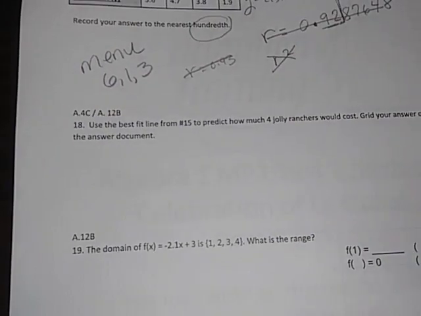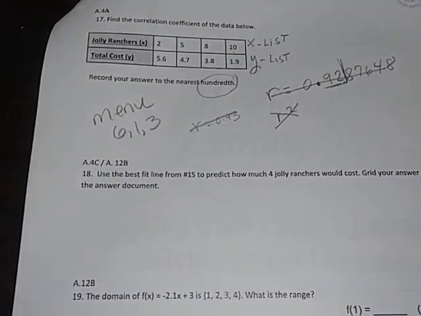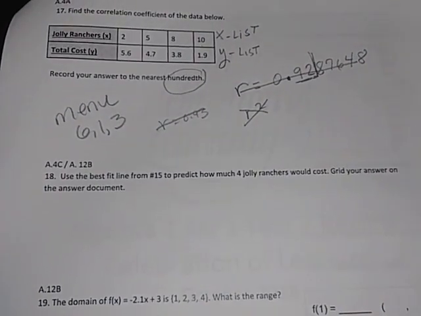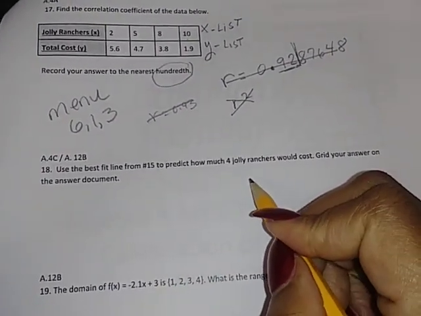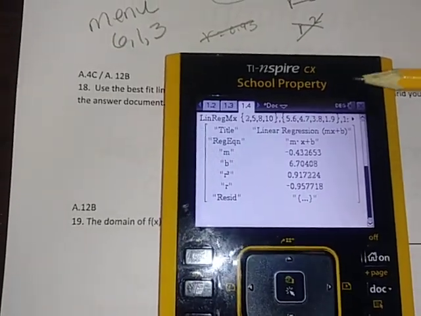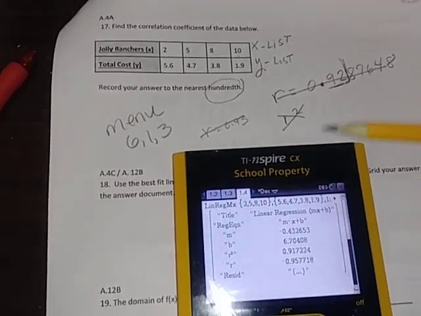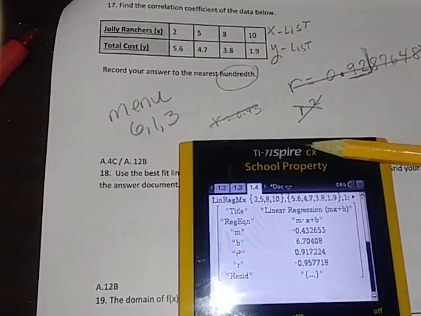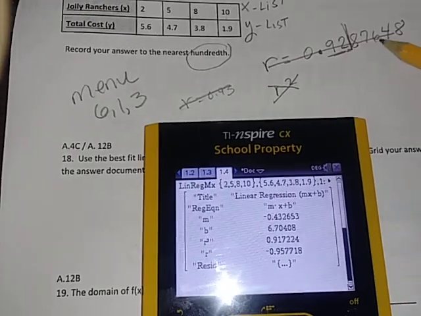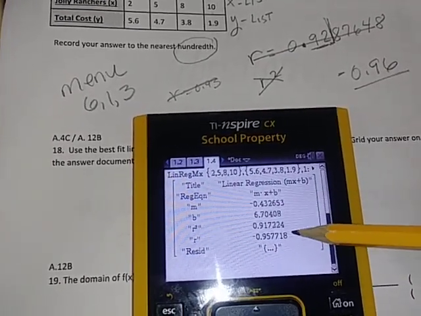Okay, now number 18 is asking you to predict again. So how do you predict? Well, let me get your best fit line real quick and I'll show you. So I've done the regression for what we had up there. I see the R value is negative 0.96. I have to round up.